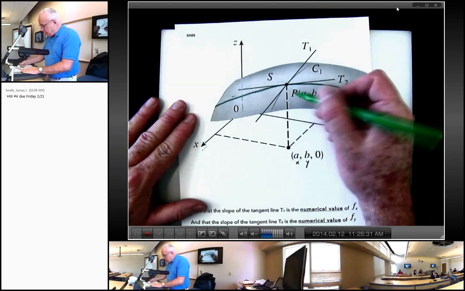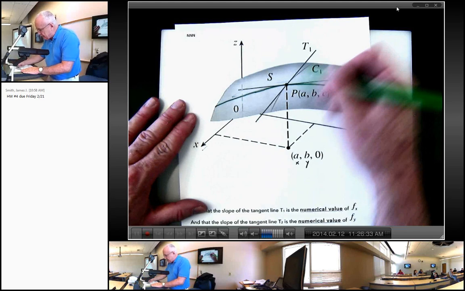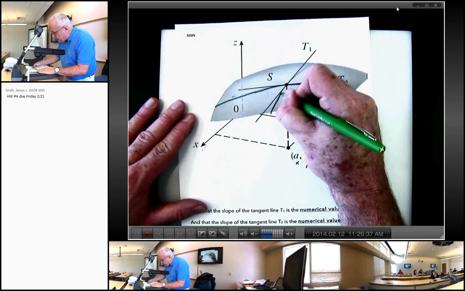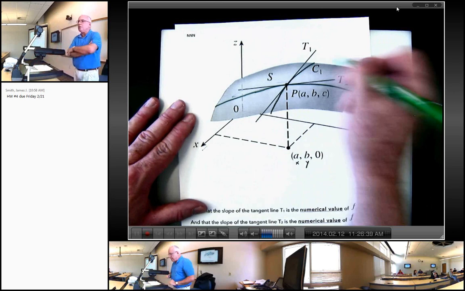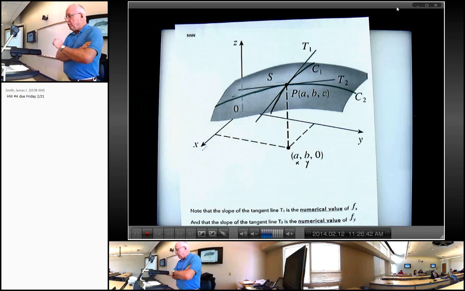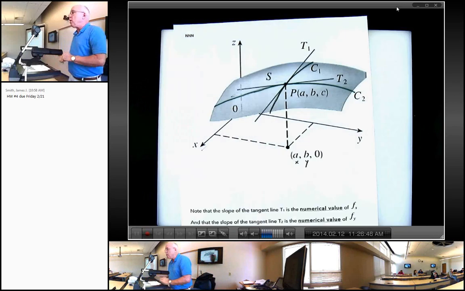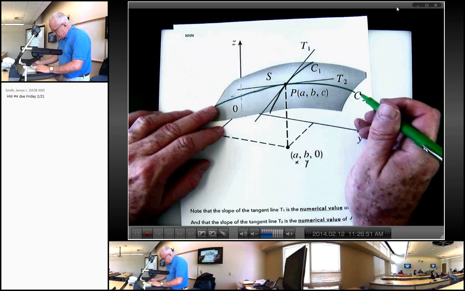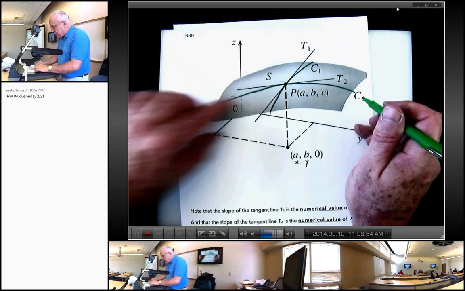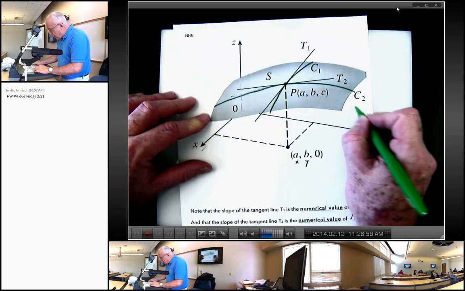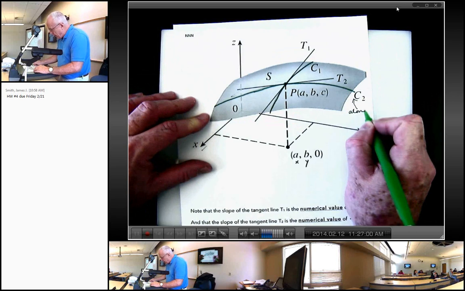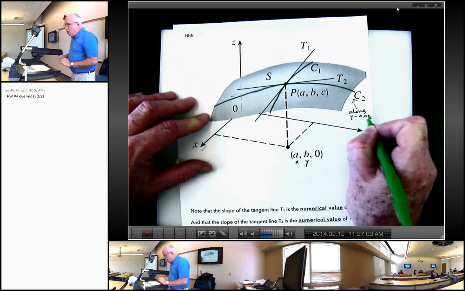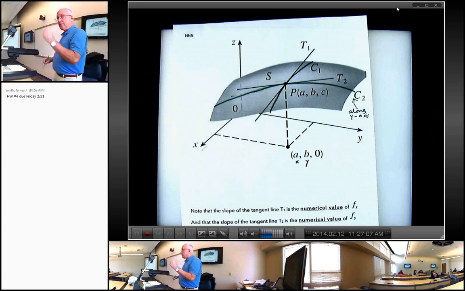Now, if we cut along the plane in the direction of the x-axis, we cut into the surface another curve, and they're calling that curve C1. And both of those curves go right through our point. Now, along this curve here, where it's going along the y-axis, all the values of x are the same because we're moving along the y-axis, so all the x values are staying the same.